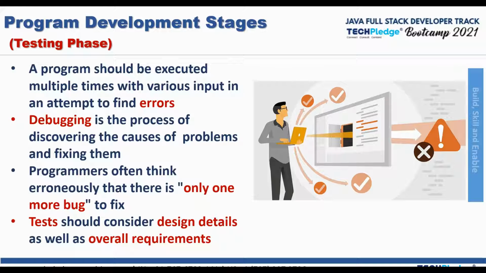Okay, so let me briefly bring back all 4 steps. The first step is the requirement stage, in which the client tells you what he wants, and we as coders have to decide what the requirements are for developing the particular software.